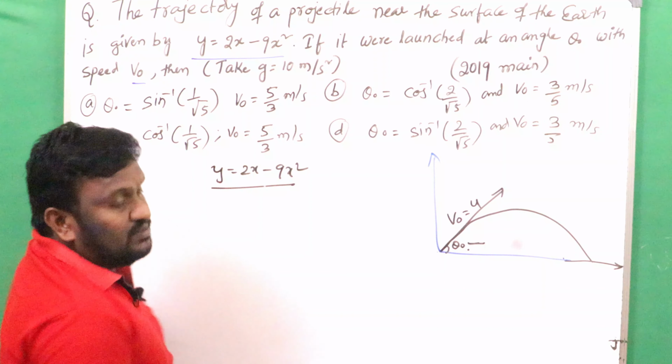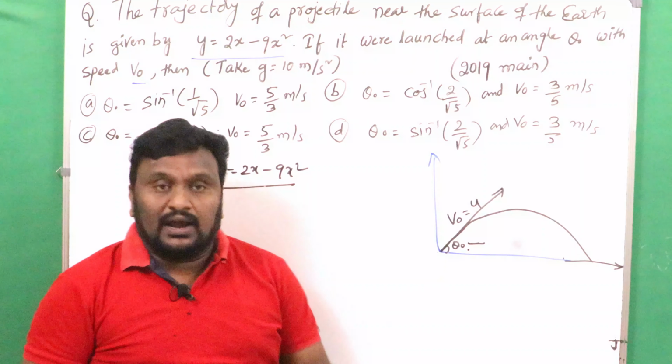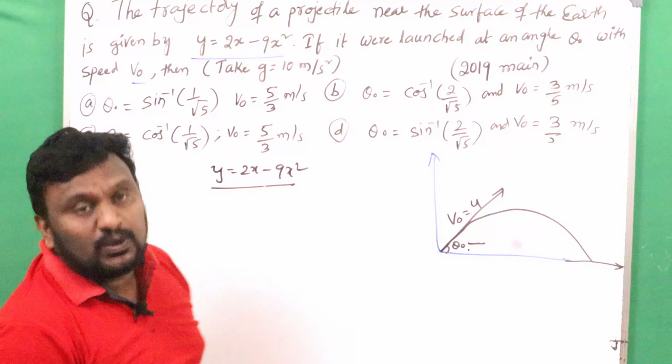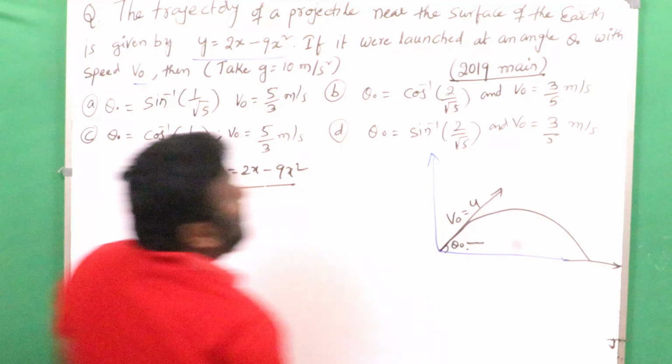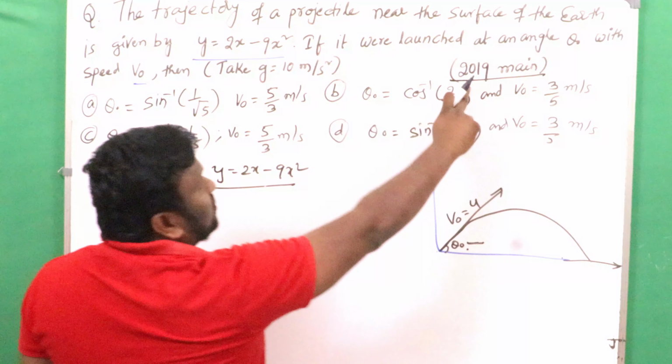That is the question. The values are already given in the four options, so we have to find the value and select the one right answer. This was the question given in JEE Mains 2019.